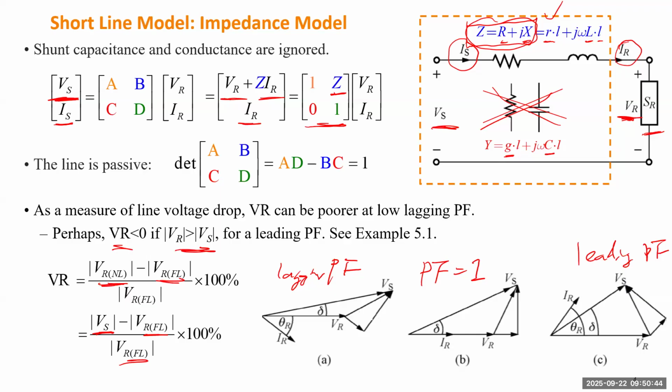For leading power factor, you see VR can be larger than Vs. So that can make the voltage regulation less than 0. Okay, so that's it. That's the short line model.